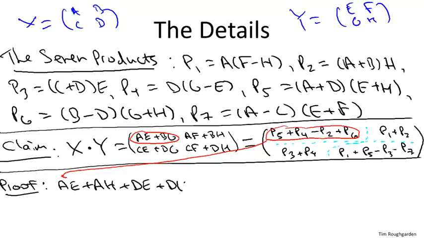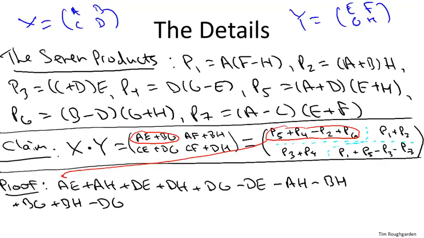Then we add P4, so that's going to give us plus DG minus DE. Then we subtract P2, so that gives us minus AH minus BH. And then we add in P6. So that gives us BG plus BH minus DG minus DH.